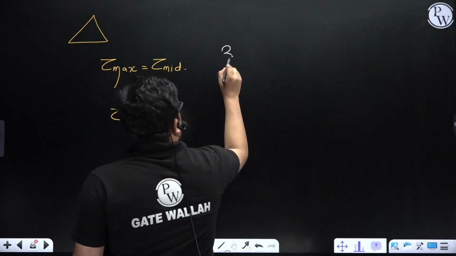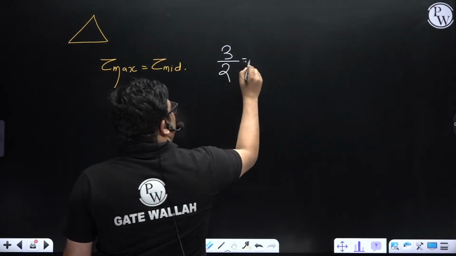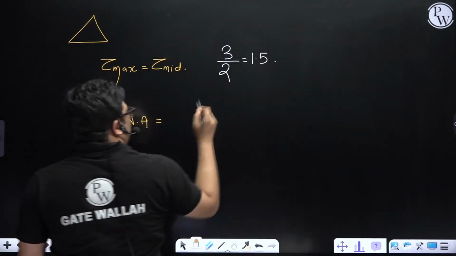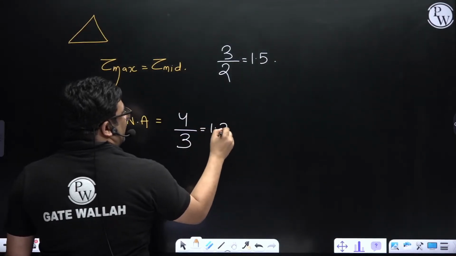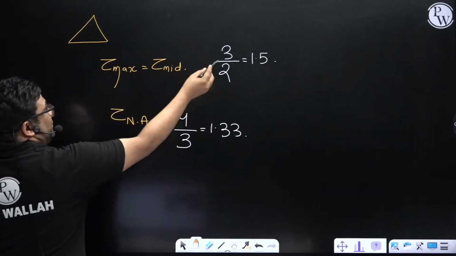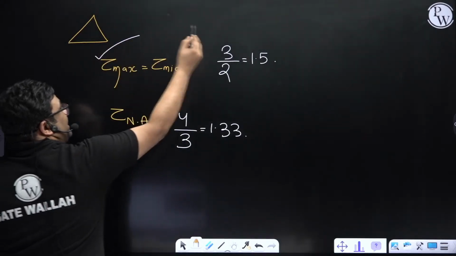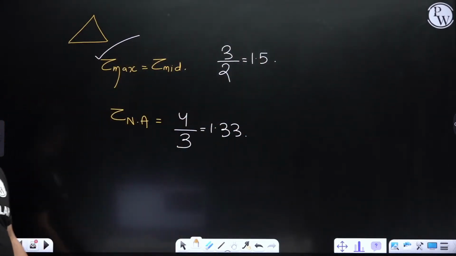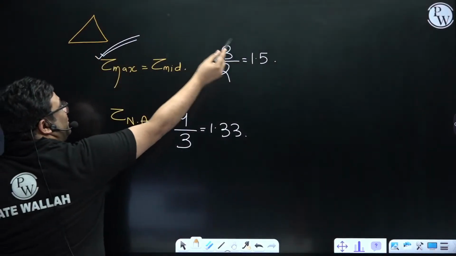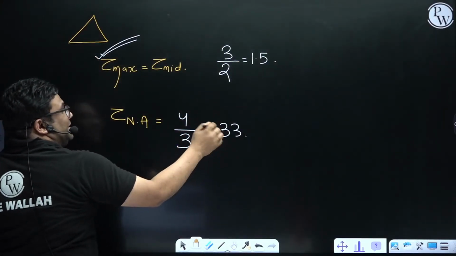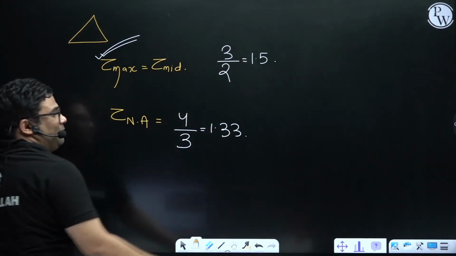See, this is 3 by 2. 3 by 2 is what? 1.5, na? And this is 4 by 3. It is what? 1.33. Obviously, this is maximum, na? So it has to be 1.5, na? Yes or no? Obviously, it is maximum. So it will be 1.5, and 1.33 obviously will be less than 1.5, right?